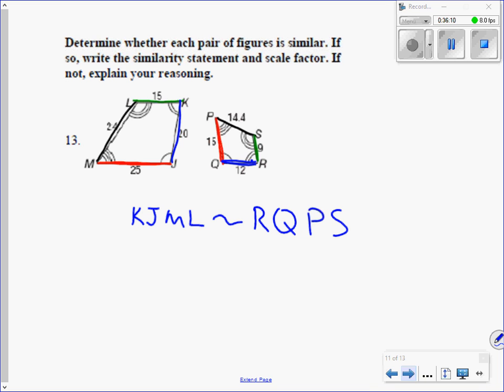So we need to put the colors in the same ratio. 24 to 14.4. That needs to be the same as, let's go to green, 15 to 9. Let's go to blue, 20 to 12, and finish up with red, 25 to 15.